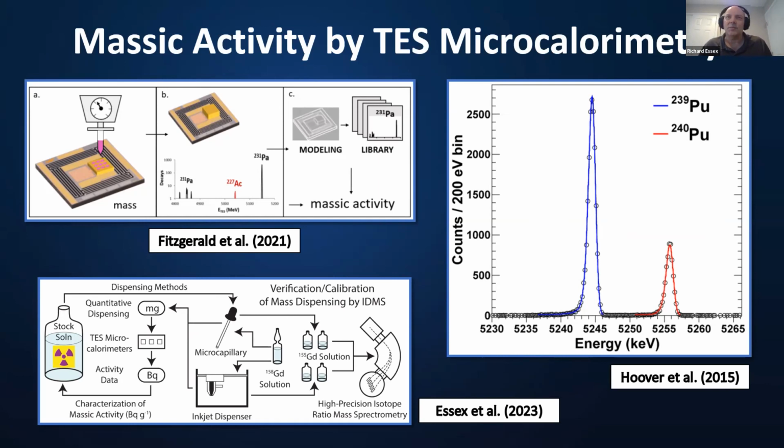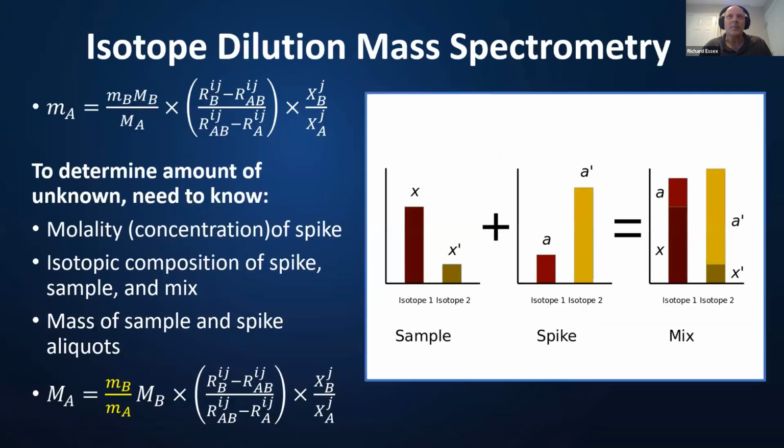And when we were looking at this, we decided we needed a way of independently verifying that our weighing methods were working, because we can't just use a check weight or something like that, because we have to compensate for these evaporations. So toward that end, we came up with the idea of using isotope dilution mass spectrometry.